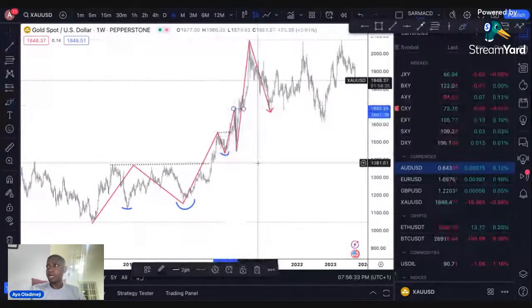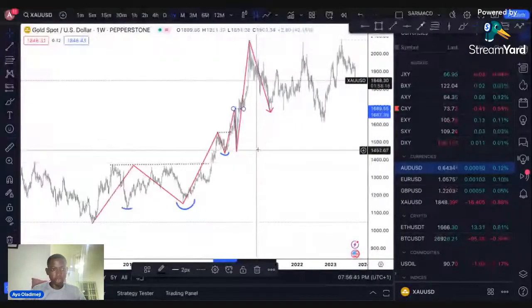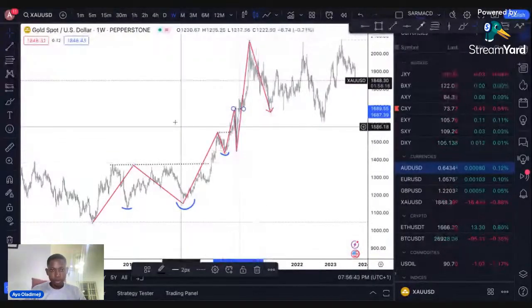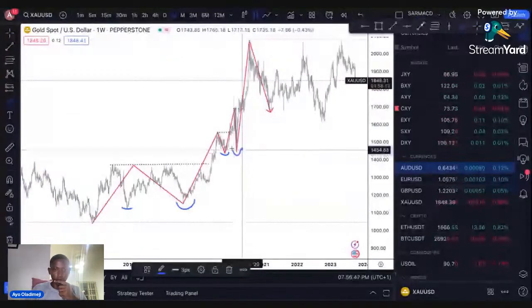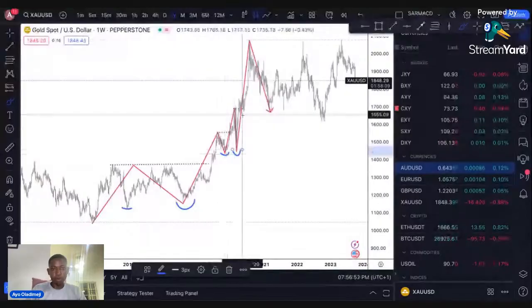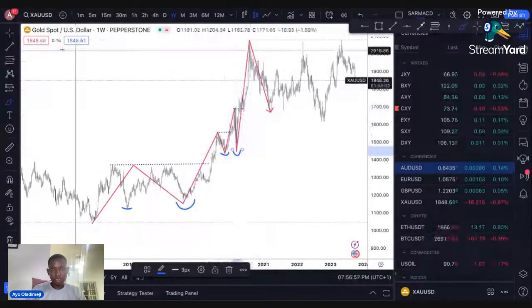That high also created this low. So we have this low that equals the previous low, but then we have the next impulse, and with the next impulse it broke this high and gave us another high.